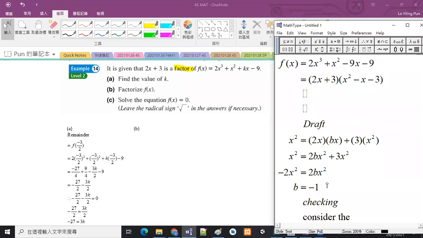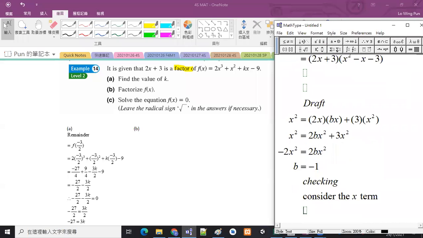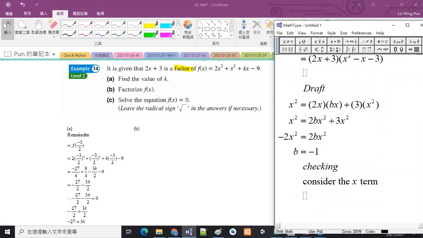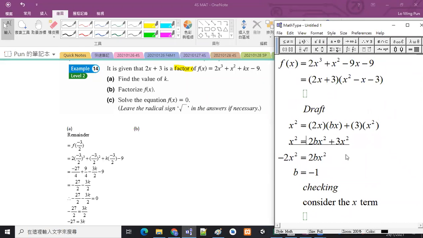Consider the x term. Which x terms do we have on the left? We have -9x. How about the right-hand side, the brackets? If I choose, there are also two possibilities, two combinations.